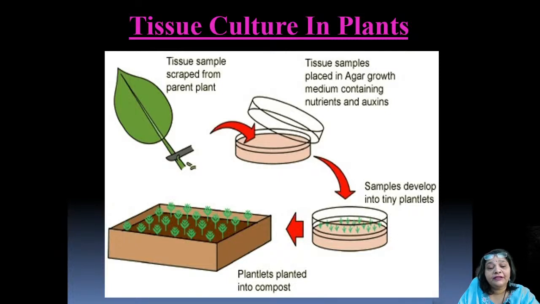Now, if you see in this picture, you can take a tissue sample scraped from the leaf of a parent plant. The leaf part is the petiole part. Small chips of the petiole can be taken as explants, and these explants are transferred into the agar growth medium containing nutrients as well as growth hormones, auxins, in combination with cytokinins and gibberellins.